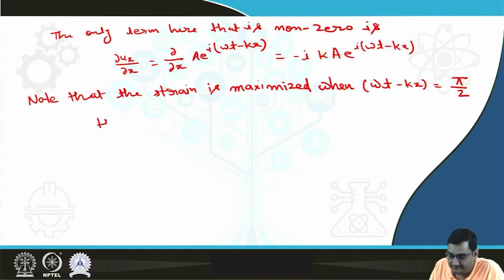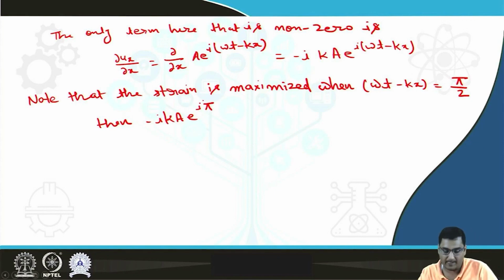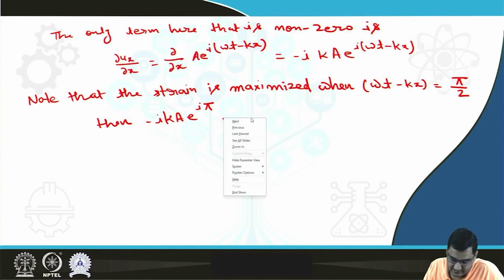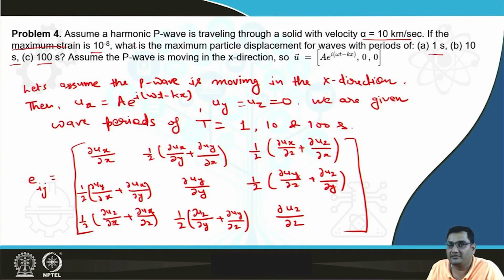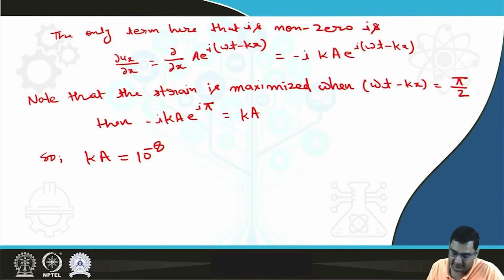Then minus iota kA e to the power iota pi is equal to kA. So kA is equal to 10 to the power minus 8. This is what is given in the question: the maximum strain is 10 to the power minus 8.